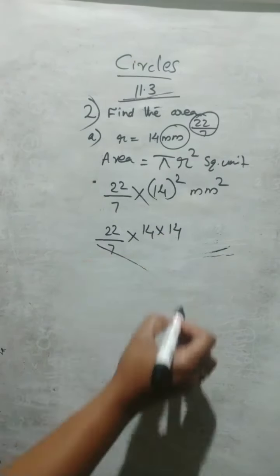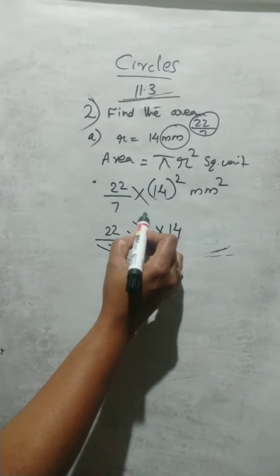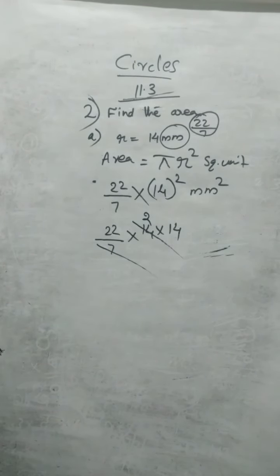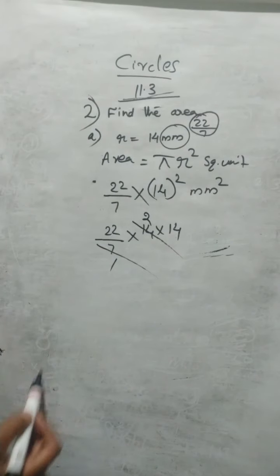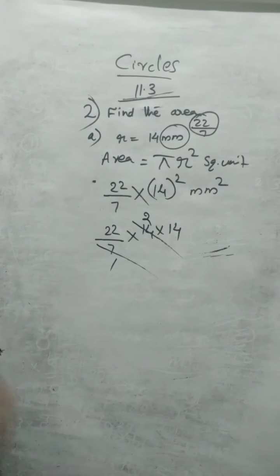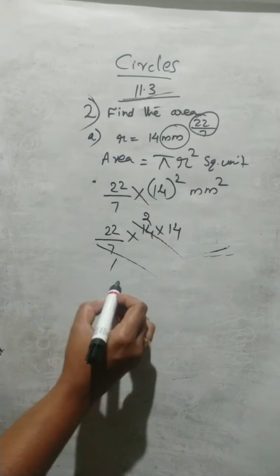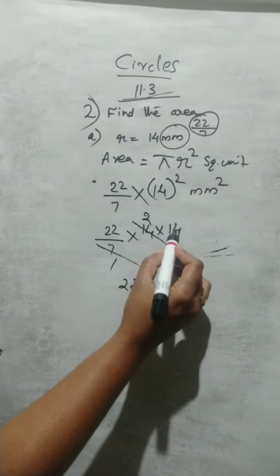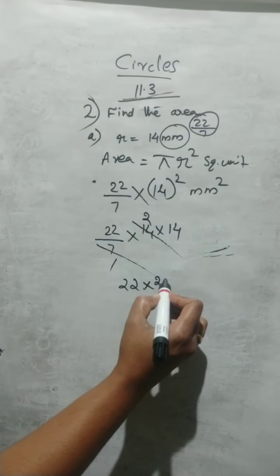Okay. So here we can cut, here also we can cut. 2 7s are 14. 1 7 is equal to 7. Both 14 and 7 we can cut by 7. Next 22 times 14 times 2, 28.